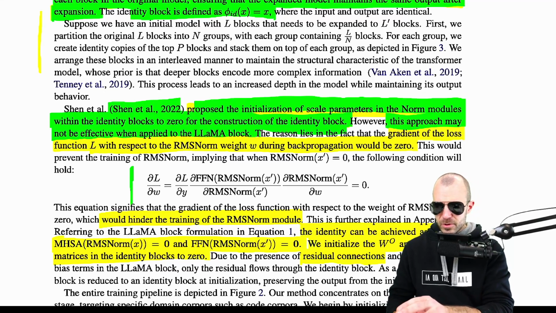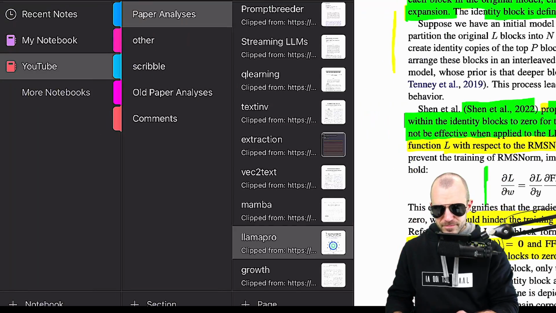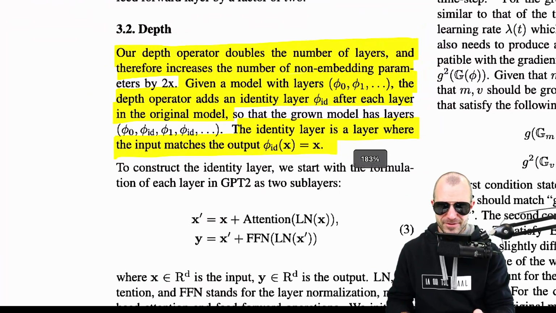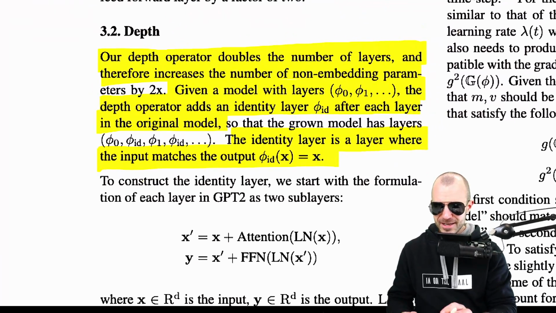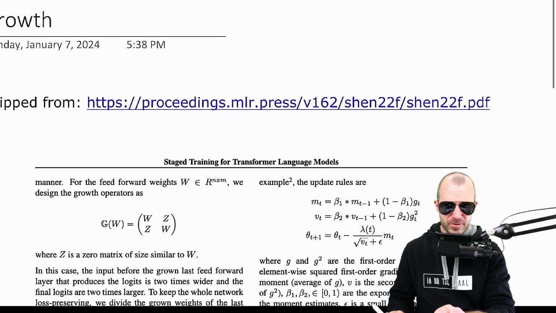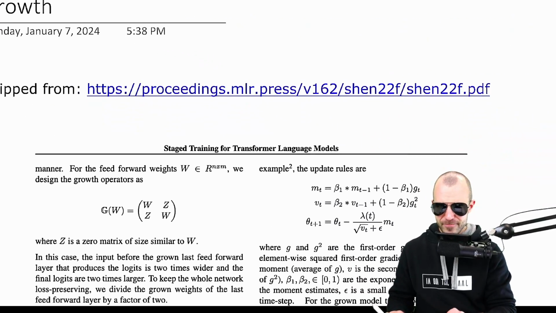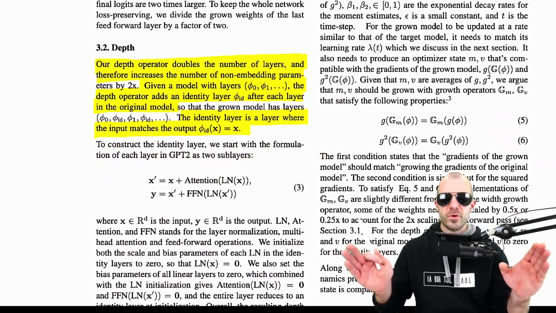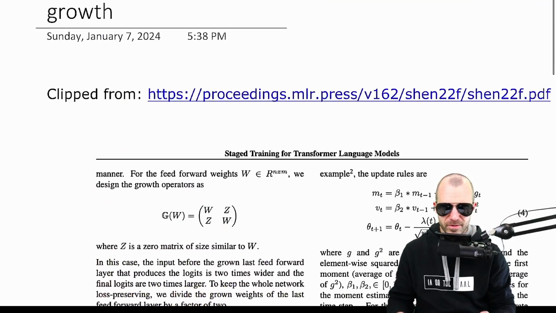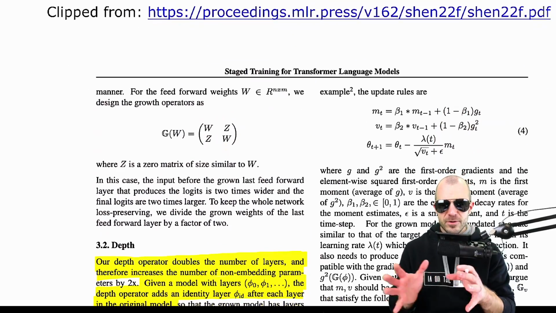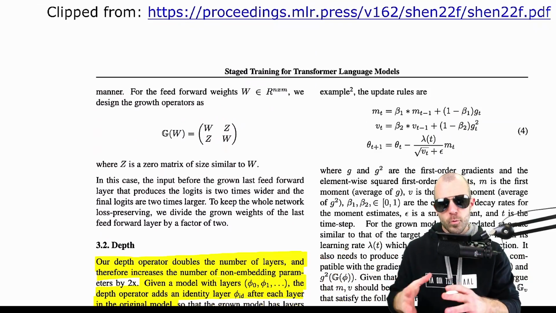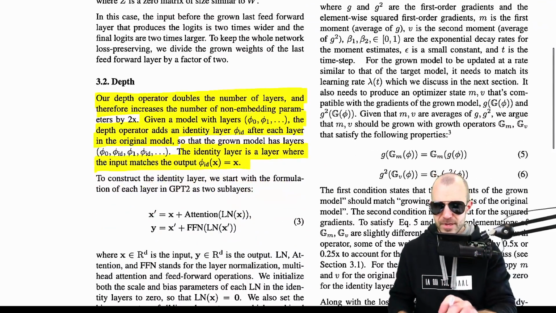I decided to look at that other paper, and you can look that up, this is the URL right here. Stage training for transformer language models. They take a more general approach to this problem. So they just deal with, okay, how can we expand these models successively while training them?